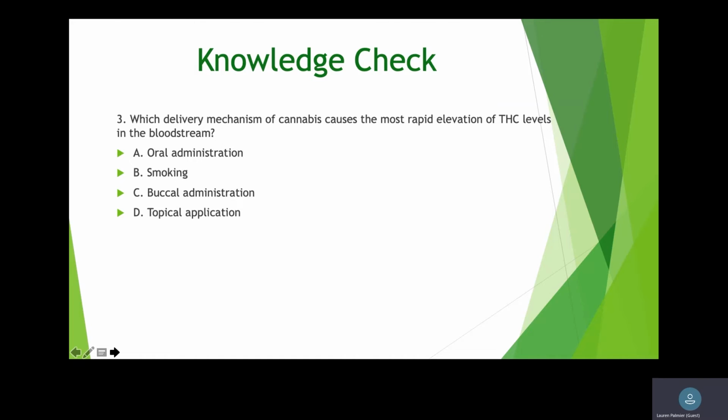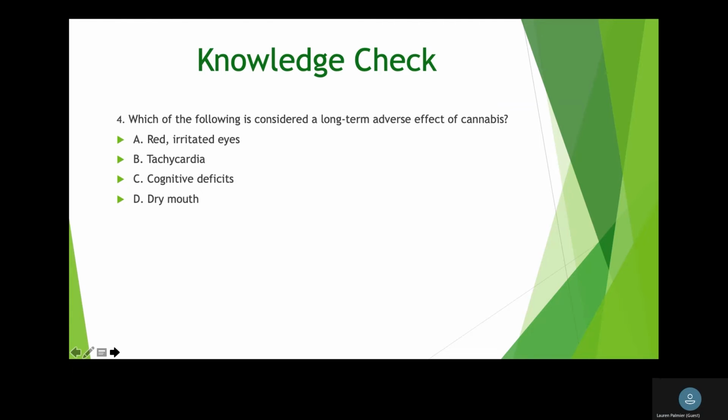Oral administration must undergo metabolism by the liver and has one of the slowest onsets of effect. Buccal administration, while faster than oral, has a slower onset of effect compared to smoking, and topical application can be inconsistent and often levels of THC are not reached in circulation.